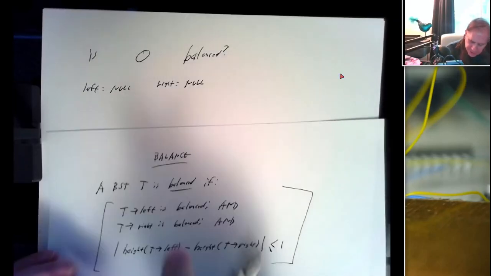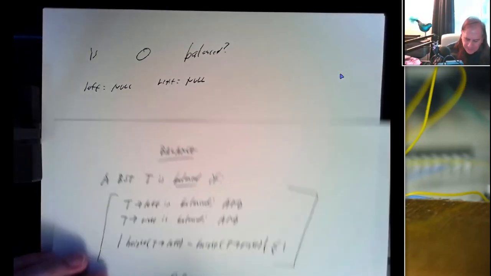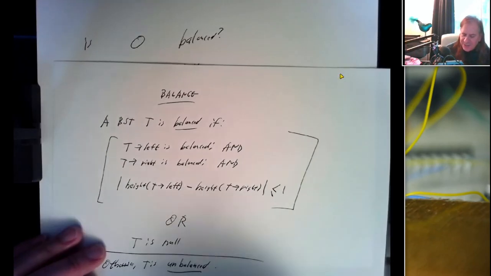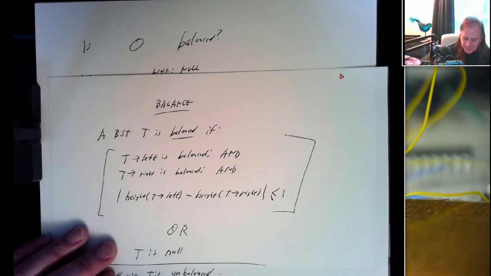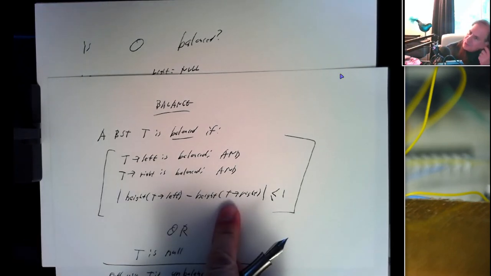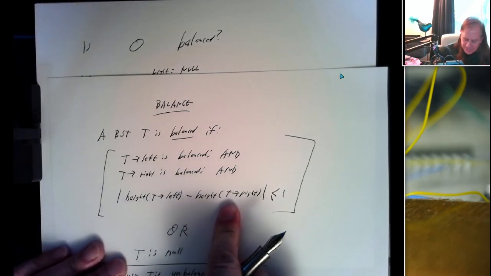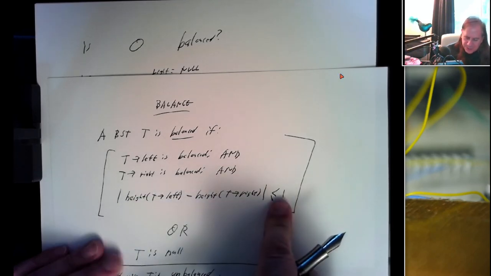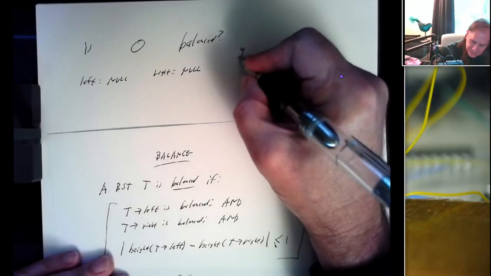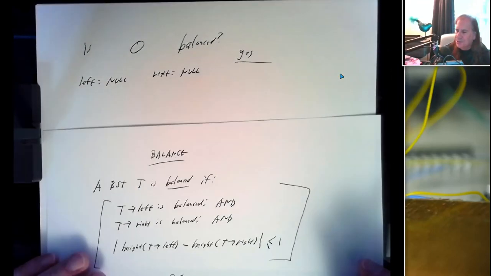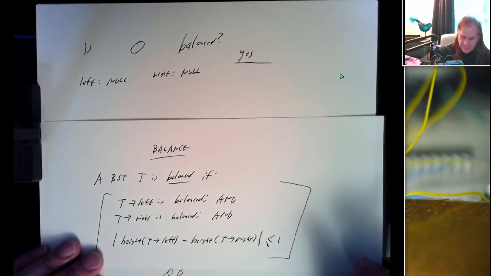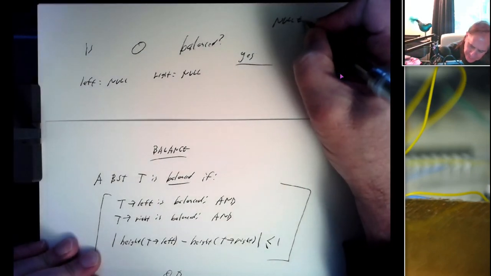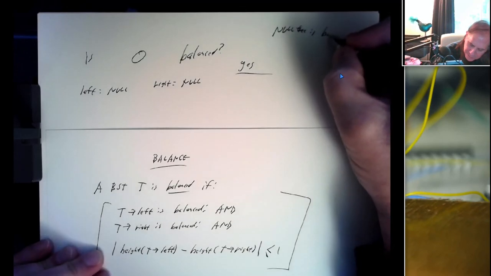And the right tree is balanced because the right tree is null. And the height of the left subtree, well, remember the height of a null tree is -1. And the height of the right subtree, which is null, is also -1. -1 minus -1, that's 0. That's less than or equal to 1. So yes, a tree containing a single node is balanced. And a null tree is also balanced.